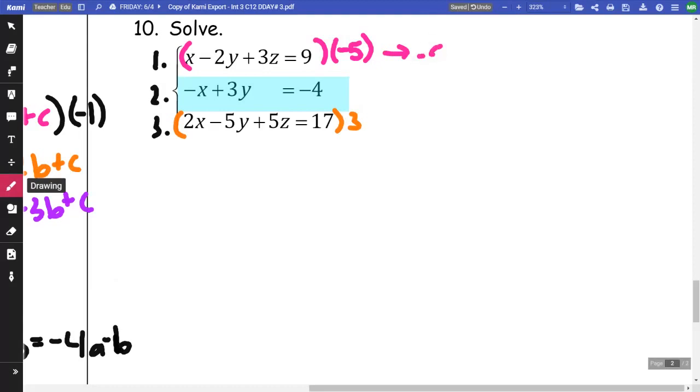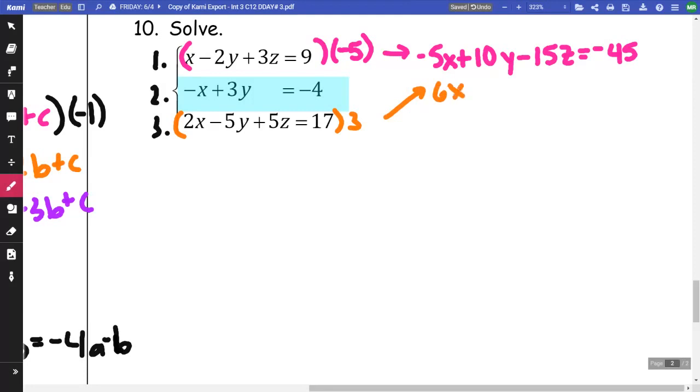So I'm going to get -5x plus 10y minus 15z is equal to a -45. And I am going to get 6x minus 15y plus 15z is equal to, when I take 17 times 3, I'm going to get 51.